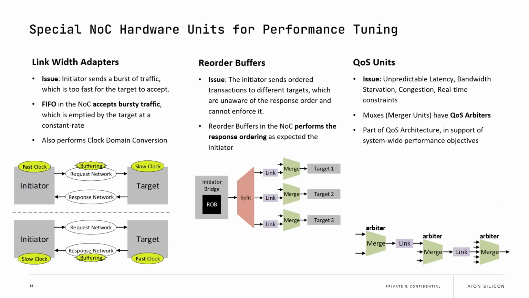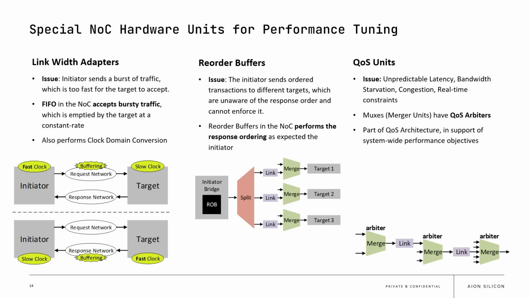Some special NoC hardware units allow for performance tuning. So you've got your link with adapters. Say you have your initiator running at a fast clock and your target running at a slow clock. Your requests will need to be buffered and stored somewhere while the target, because it is running at a slow clock, is able to drain that buffer and receive those requests.